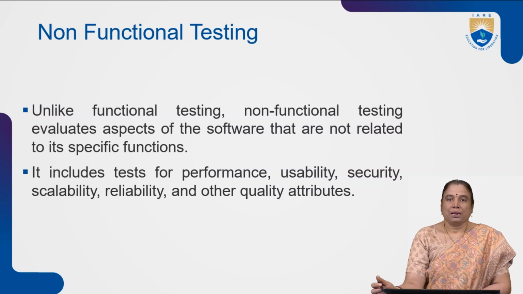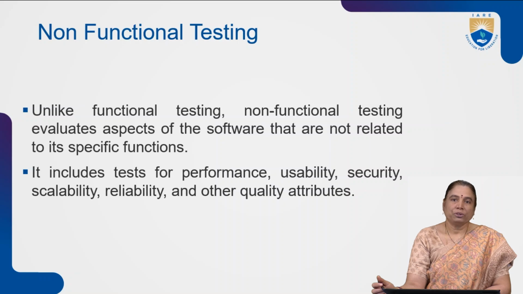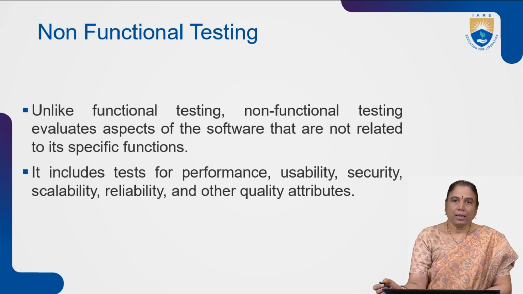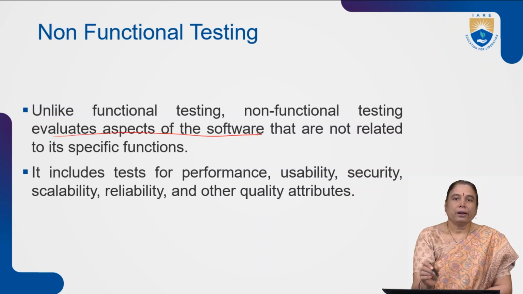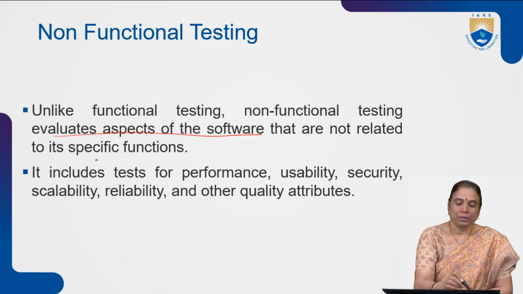Apart from functional testing, one more variety in the black box testing is non-functional testing. So here the non-functional testing evaluates the aspects of the software that are not related to specific functions.